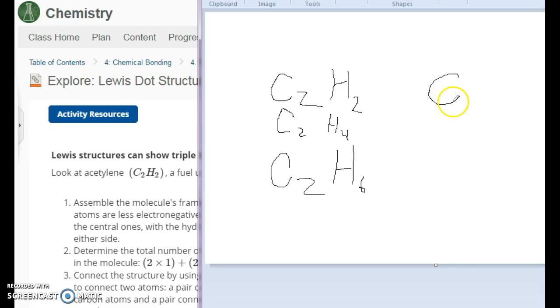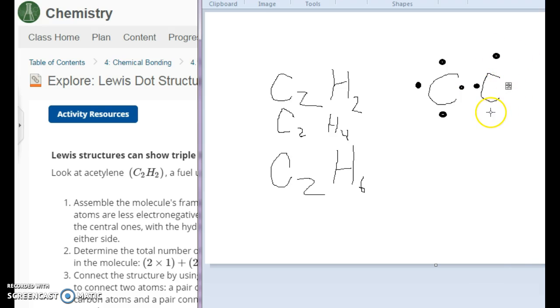And when you're filling these out, I'm going to start over the answer. We know that the carbons are always going to be in the middle. We know that because carbon can have how many total bonds? 4. And how many valence electrons does it have? 4. And hydrogen can only make how many bonds?